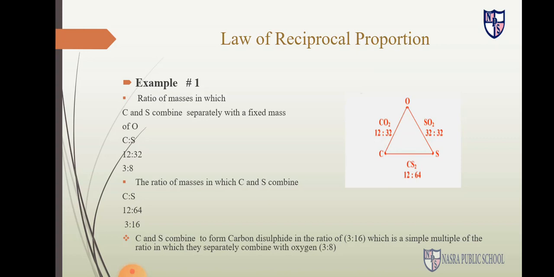As we know, 8 into 2 is equal to 16. So according to law of reciprocal proportion, the ratio of carbon and sulfur should be same as 3:8 or some multiple of 3:8. So here you see 3:16 is multiple of 3:8.